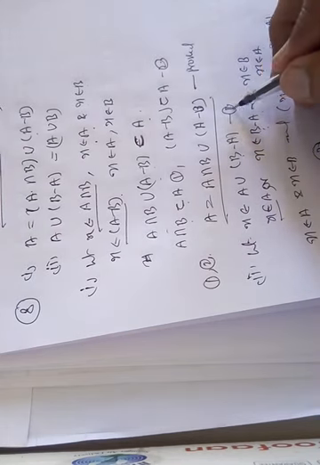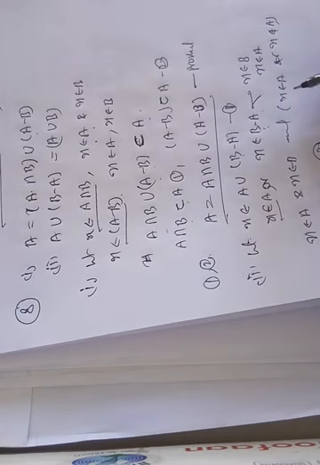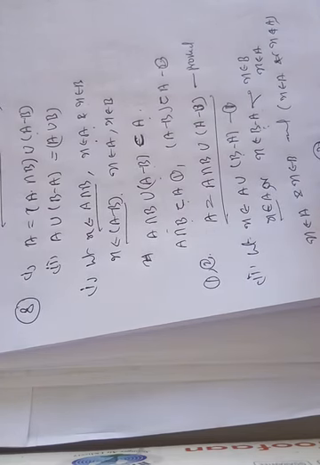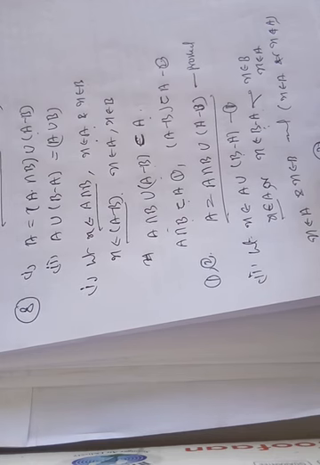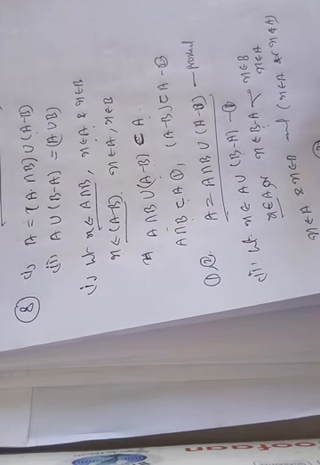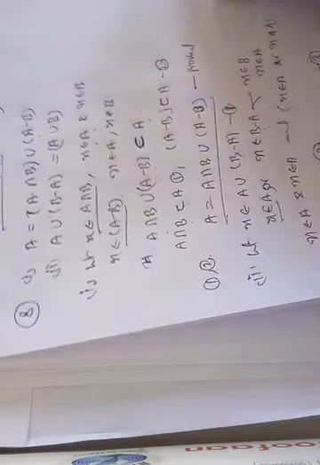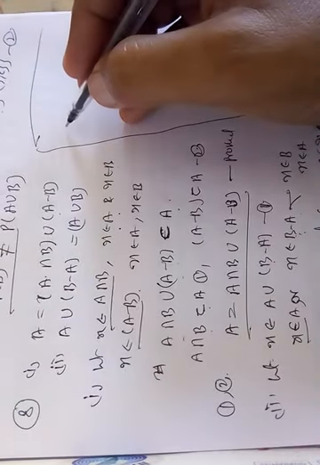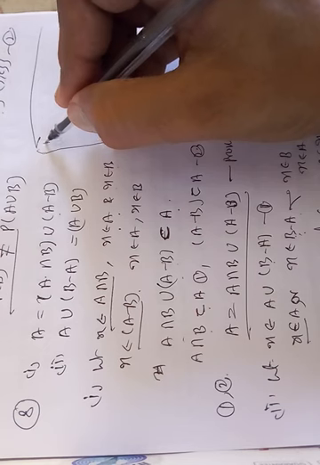From the first part and second part, from 1 and 2, A union B minus A is a subset of A union B. This is equation number 3.